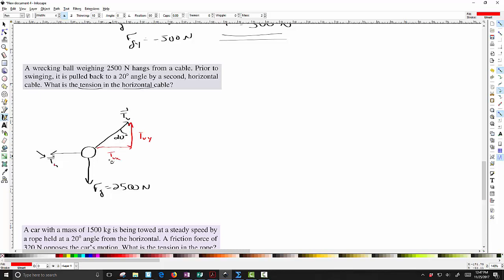All right, so we have equilibrium. Equilibrium says that the net force is equal to 0. What this means is that my components in the x and y direction are also equal to 0. So the sum of the forces in the x is equal to 0, and the sum of the forces in the y is also equal to 0.